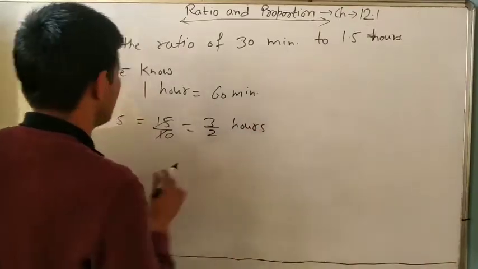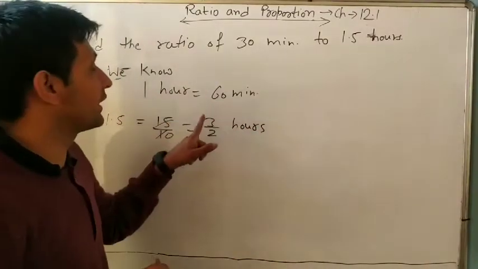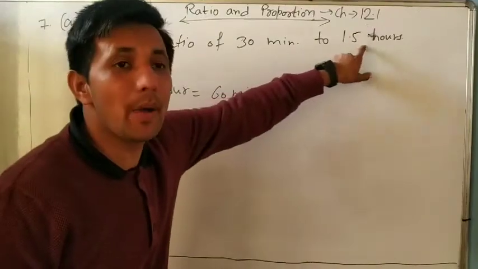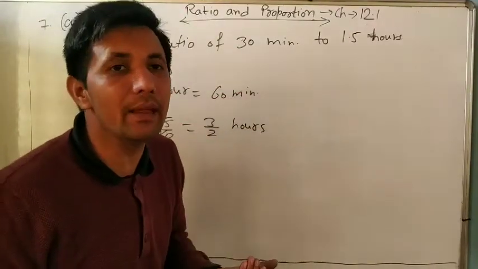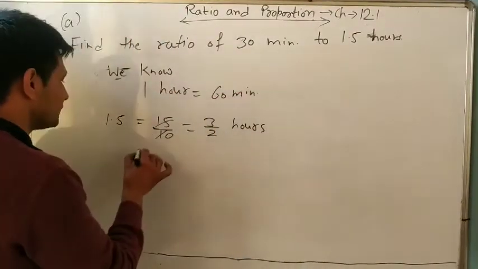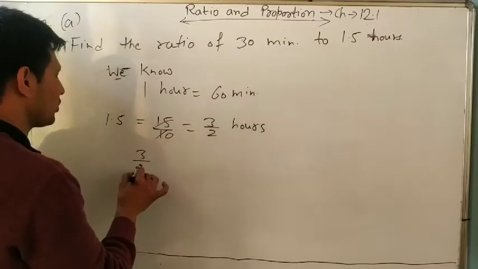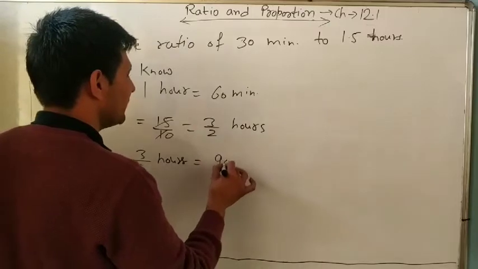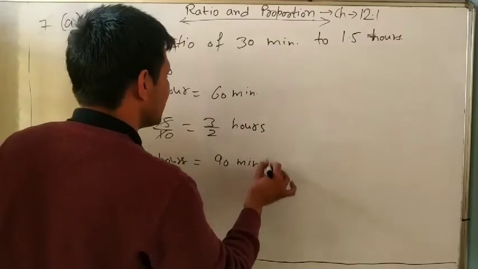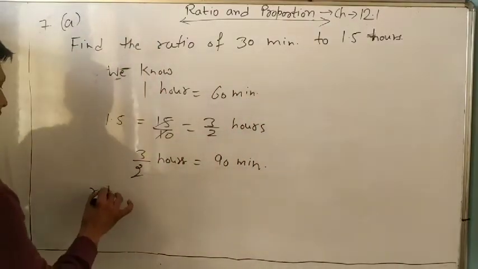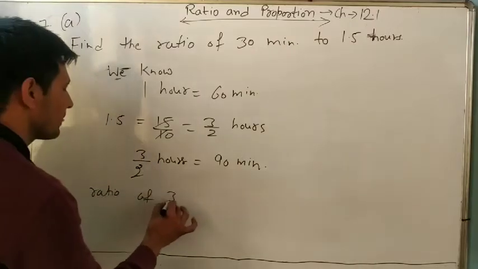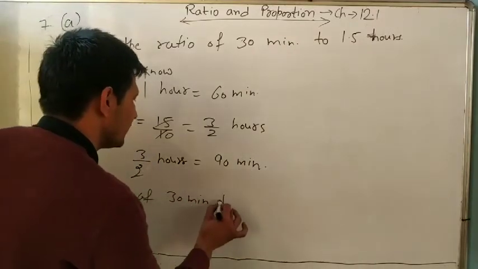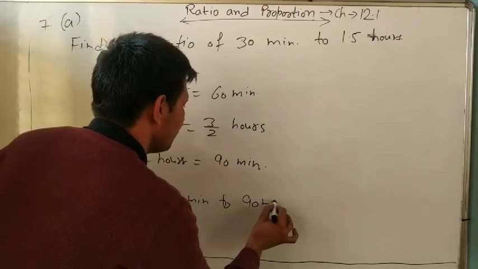So in 1 hour there are 60 minutes, and in 1 and a half hours how many minutes? 90 minutes. So 3 upon 2 hours is equal to 90 minutes. Now we will find the ratio of 30 minutes to 90 minutes.